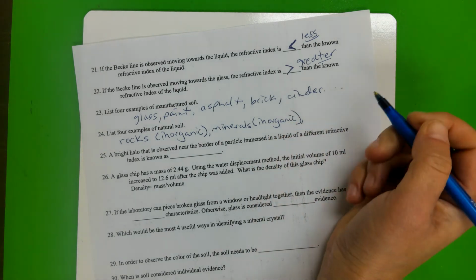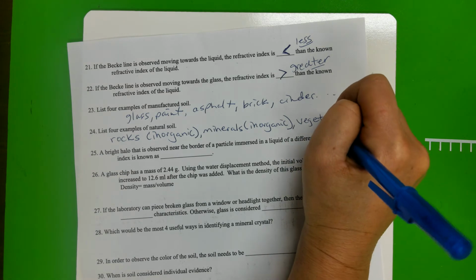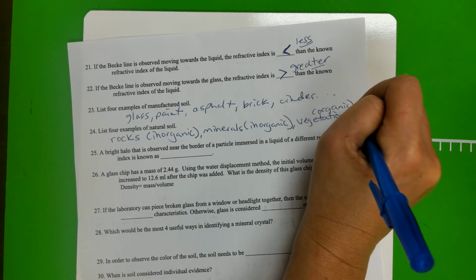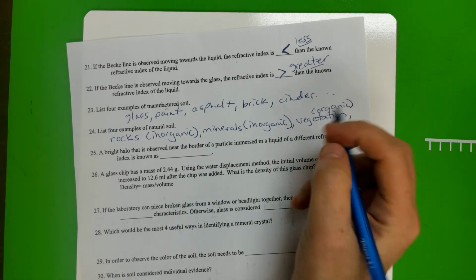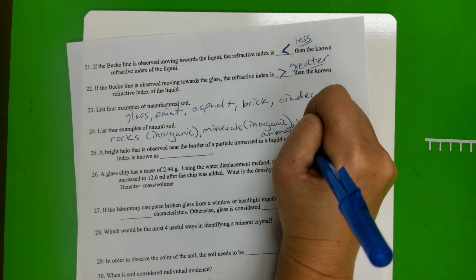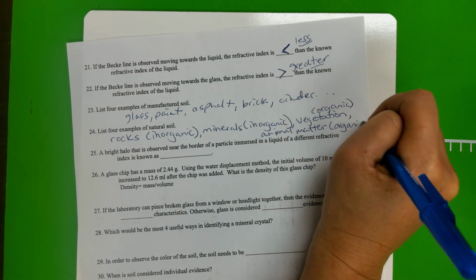And vegetation like trees, that's organic. And then of course animal matter, like us or any animal matter, that's also organic.